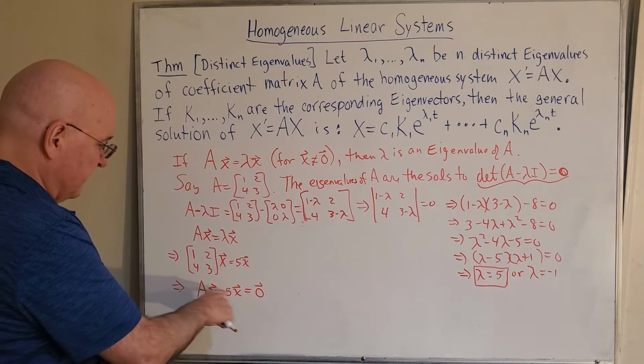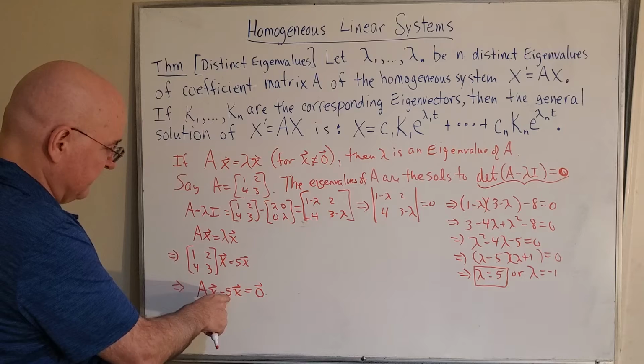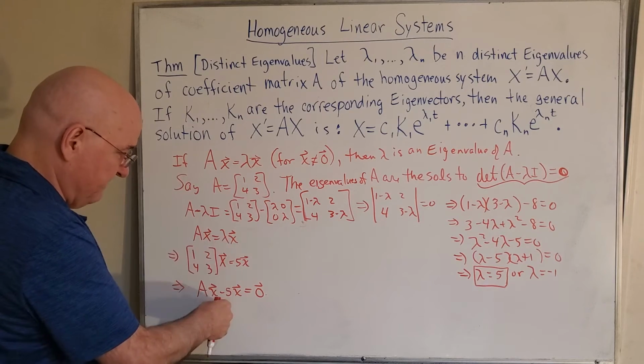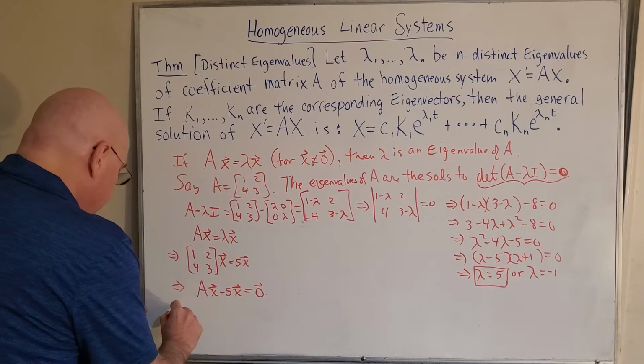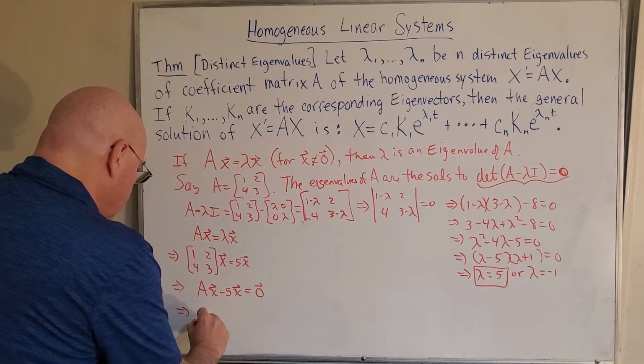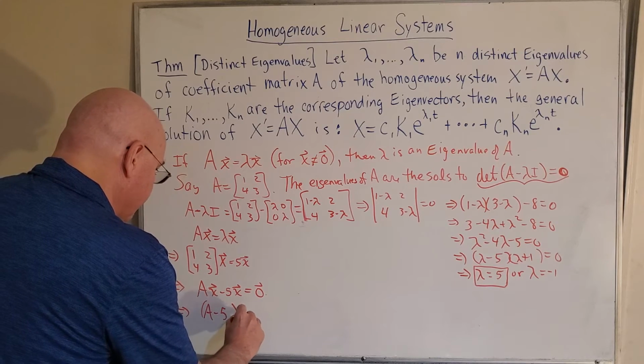Now remember what we're getting here. When you multiply A by this column vector, you get a column, and negative 5 times a column is another column. And so this is a column of zeros. And then I get A minus 5. I'm going to have to make one little mod here.